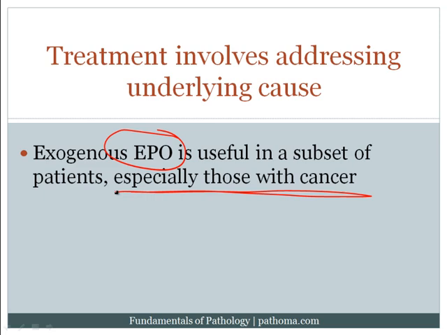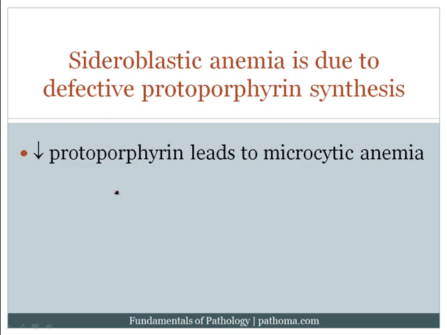The next of the microcytic anemias that I would like to discuss is called sideroblastic anemia. Now, sideroblastic anemia is going to be due to a defect in protoporphyrin synthesis. Again, let's remind ourselves that heme, as I've stated many times already, is composed of iron plus protoporphyrin.